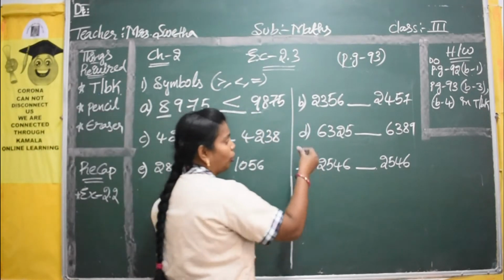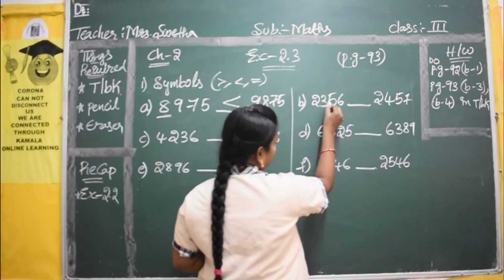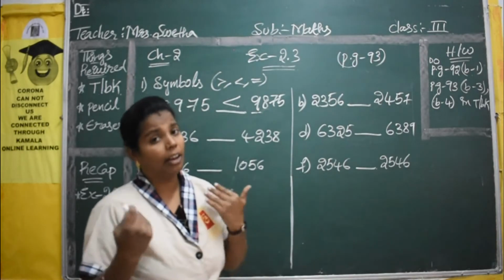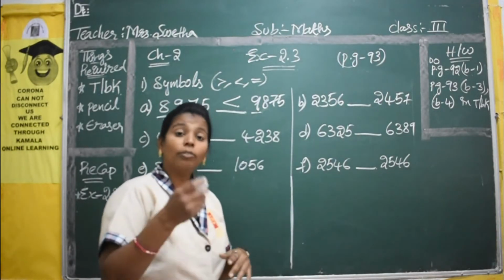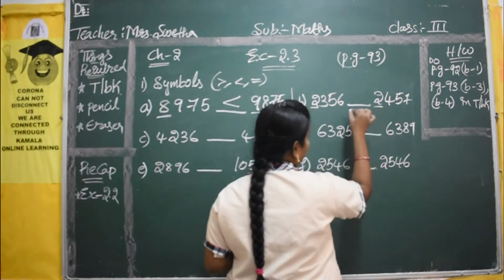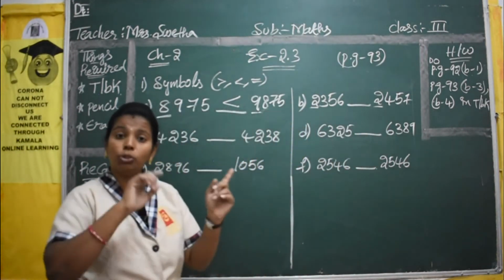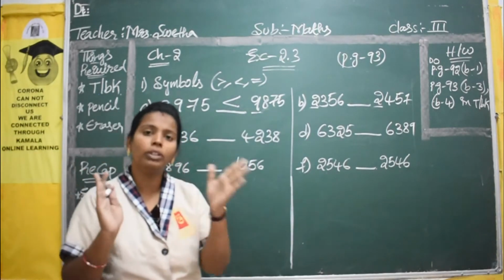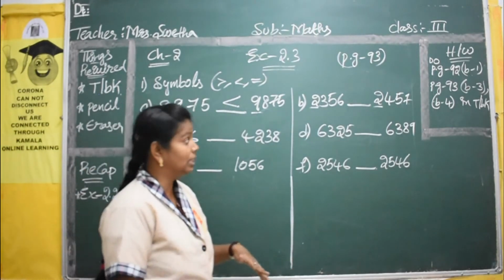See, first we count the digits: 1, 2, 3, 4, and 1, 2, 3, 4. Both sides have 4 digits, so we have to check the individual digits. 2 and 2. Can you identify from this 2 and 2 which one is bigger? No, we cannot, because both are the same.